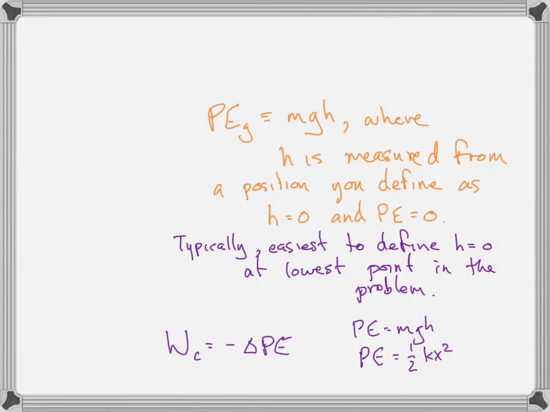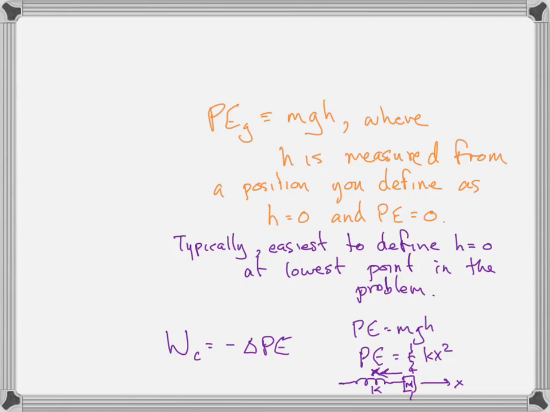Again, we're measuring x from a defined 0, and it's always easiest for a mass on a spring, for example, to define your 0 as the point at which the mass doesn't want to move, right, at its equilibrium point. So in that case, you're actually defining the potential energy equal to 0 at its equilibrium point, not at one end or the other end of the mass's movement.